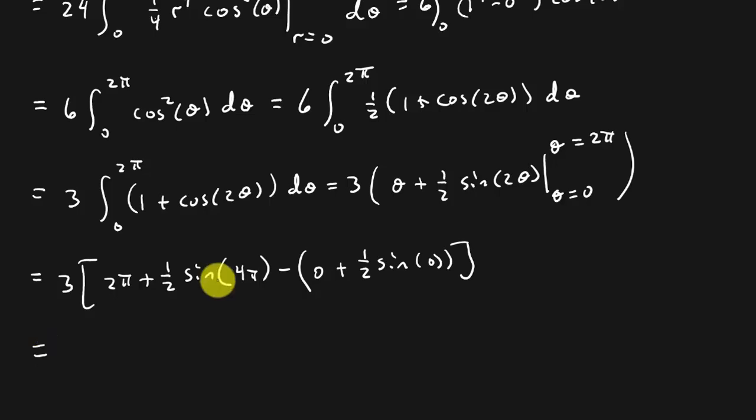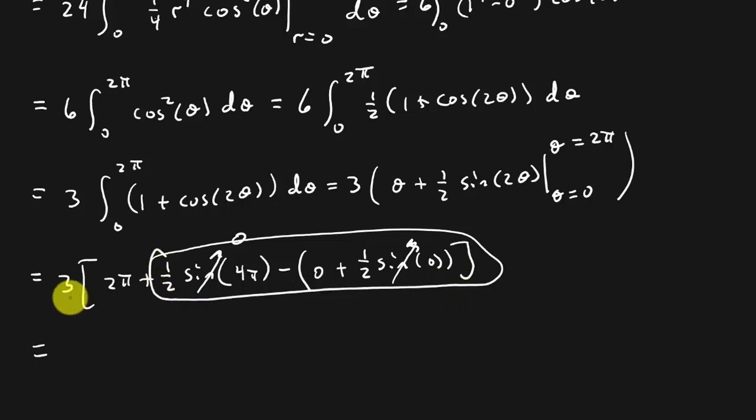So this is 0, this is 0. All of this right here goes to 0. And so we've got 3 times 2 pi is 6 pi. And that is your answer.